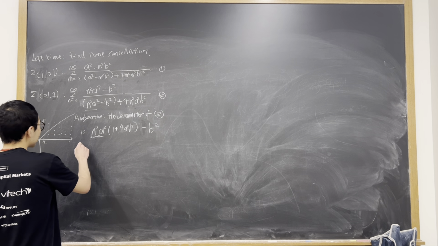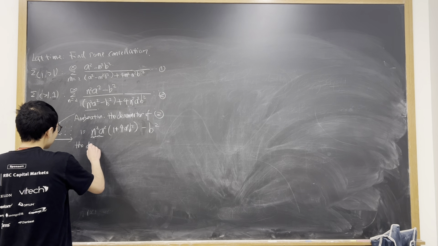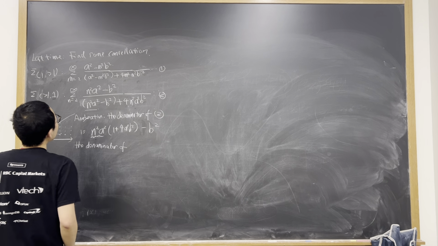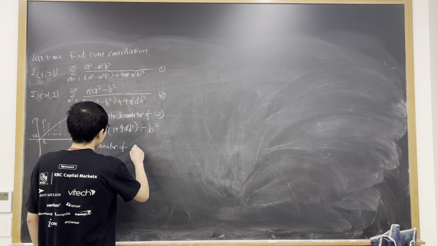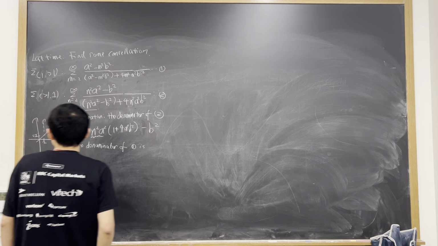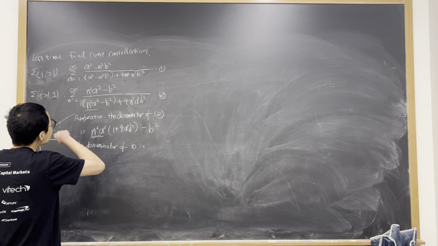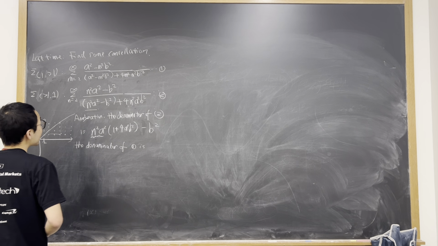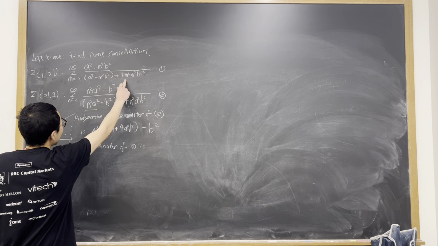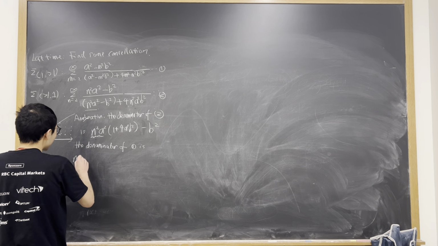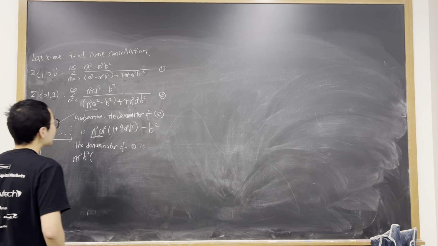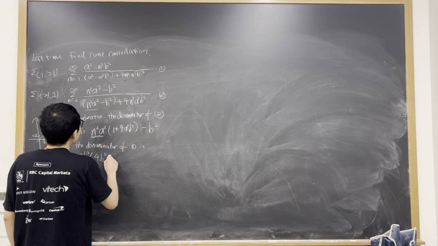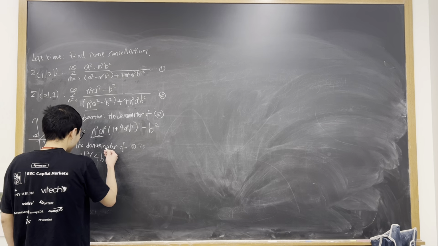But the denominator of 1, basically I pull out an m squared b squared, then times 4a squared.